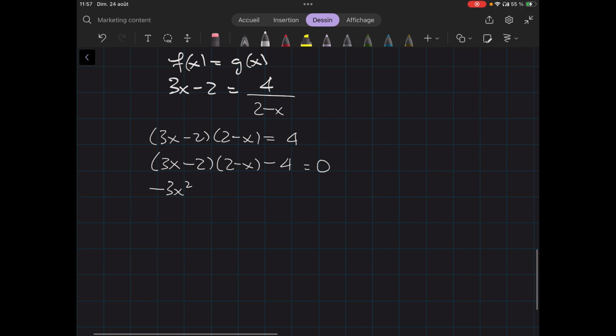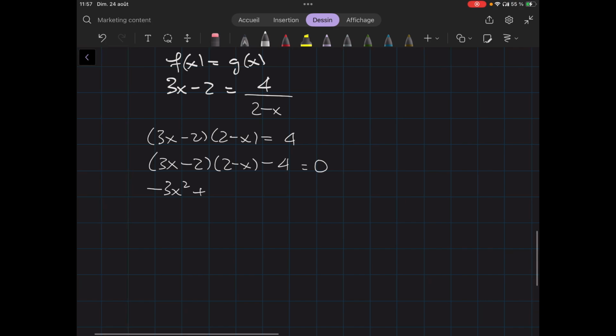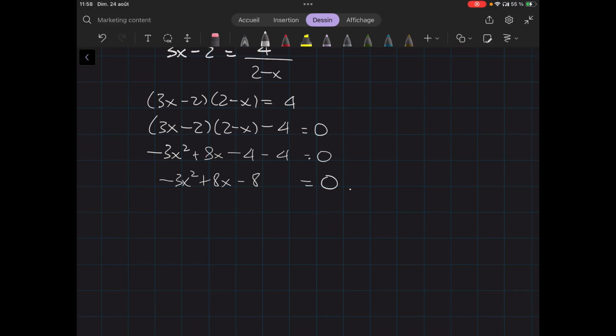Expanding brackets. Minus 4, minus 4. Voila. Now we have a quadratic equation in general form. To evaluate delta, we need to identify the values of a, b, and c.